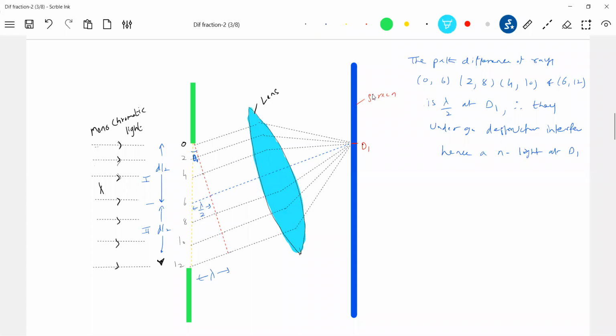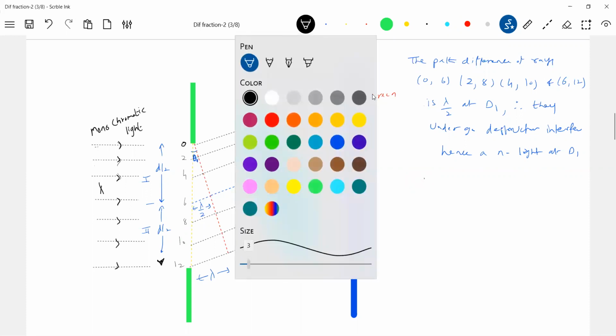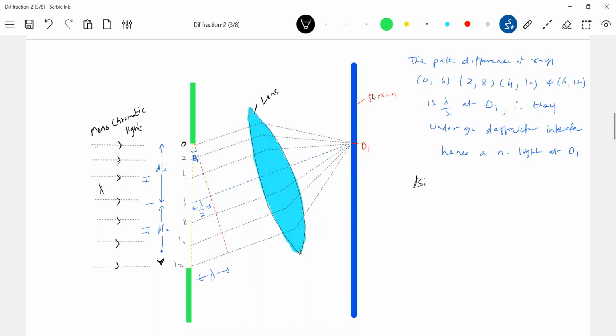Okay, I agree with this. Let's see that one. What is d sine theta? I think we already know this from the interference topic. We can write d sine theta 1 is equal to lambda. Then, at what distance, this was the central maxima, no?